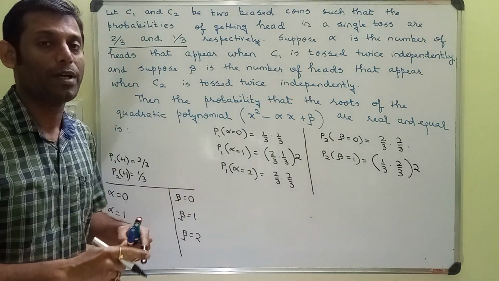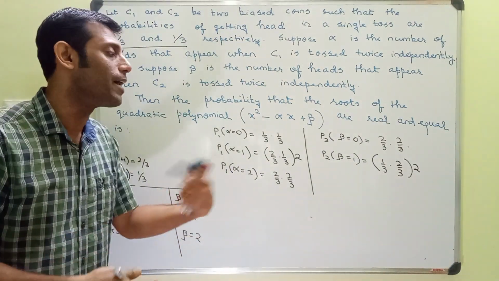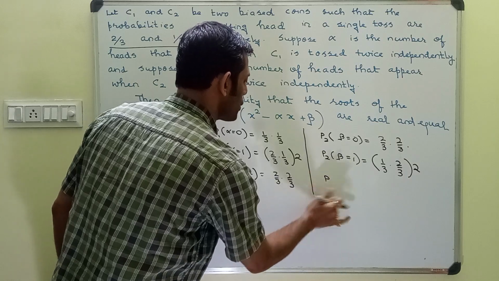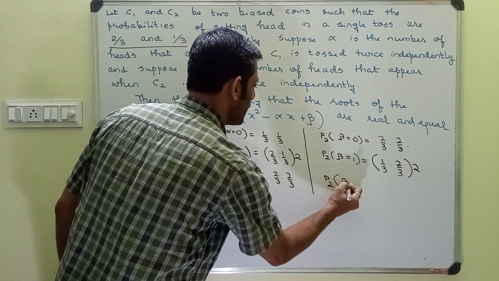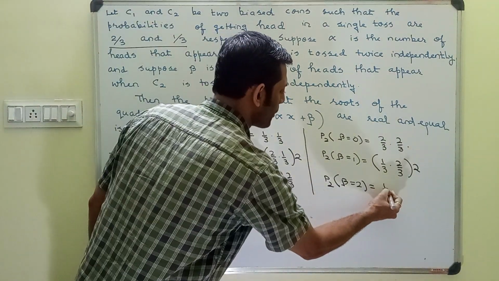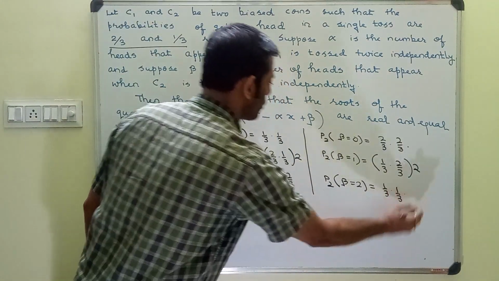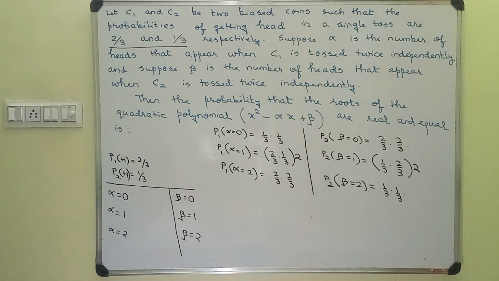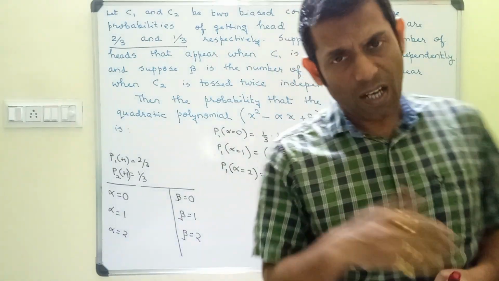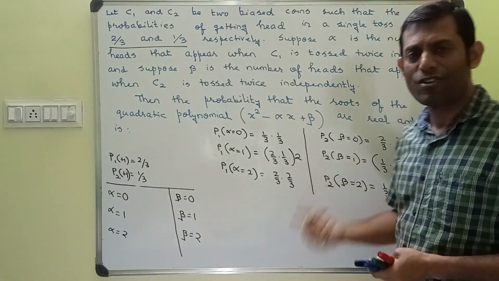That means it can be a head tail or a tail head combination. Then the probability of the second coin for beta equal to 2 means both are heads with a probability of 1 by 3 each. This is how we configure the probability distribution of the two coins under different cases of heads coming up.